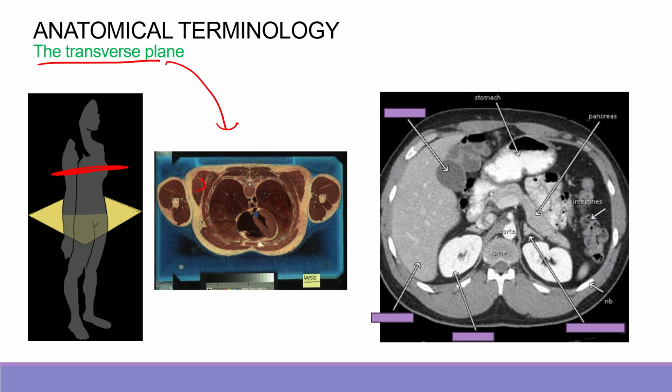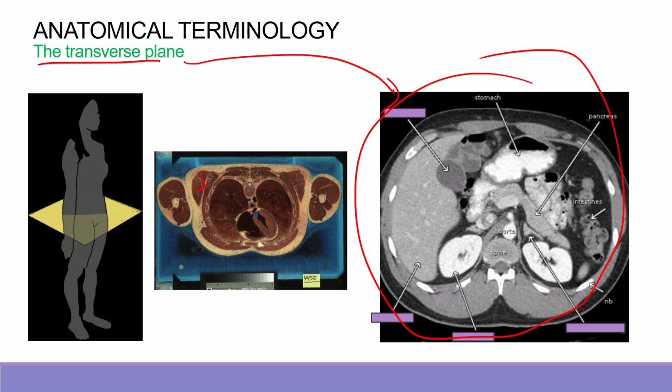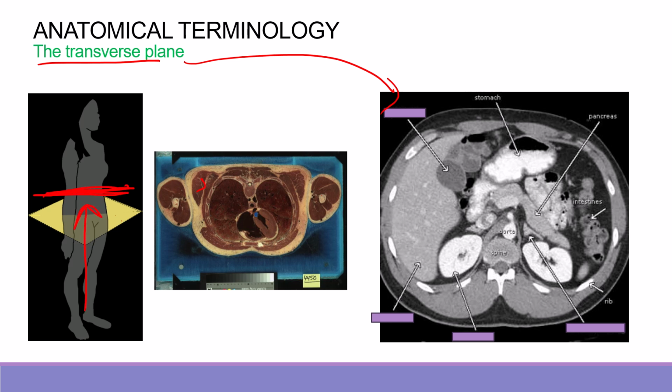Now, more important here is this. This is a real CT scan, or tomography, of the abdomen. Just keep in mind that the way a CT scan looks is a transverse cross section, and most of the time what you're going to see is an inferior view. So essentially you're looking at this part of the abdomen from the bottom.